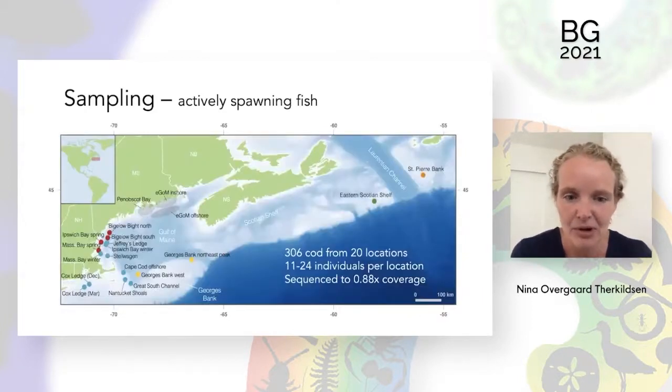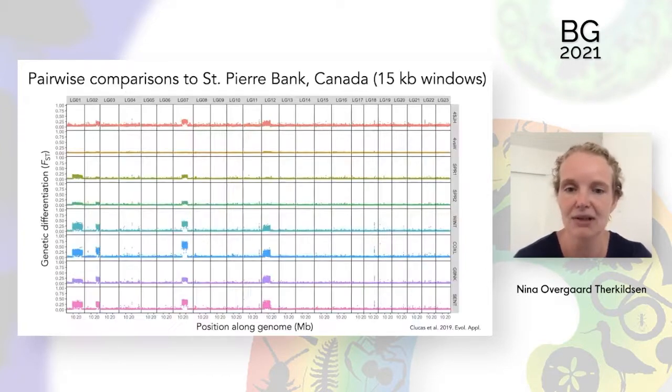So we sampled more than 300 fish from 20 different locations. So small sample sizes, less than 25 per location, and all sequenced to an average of just under 1x sequencing coverage. And here we're looking at a series of pairwise comparisons between populations. On the y-axis is FST, a measure of genetic differentiation, and it's shown in genomic windows along the genome on the x-axis.